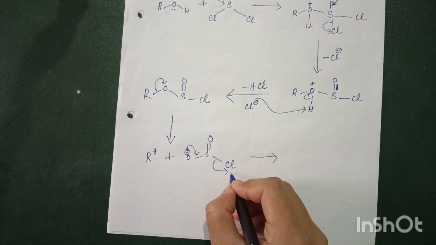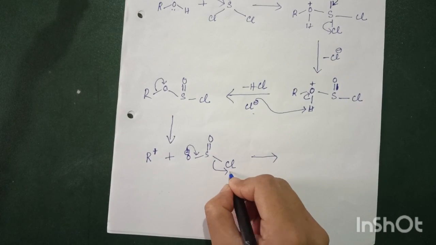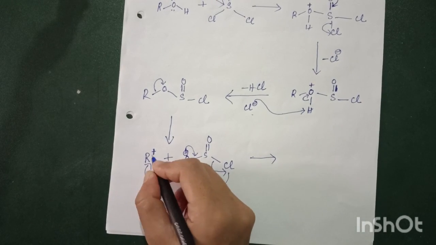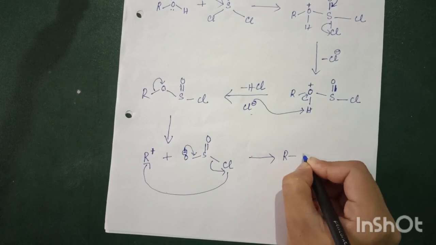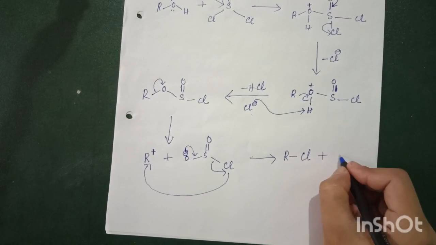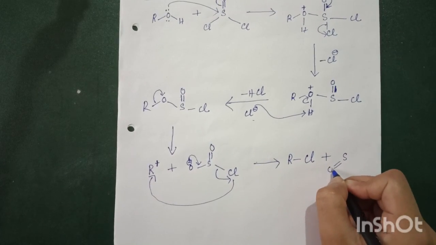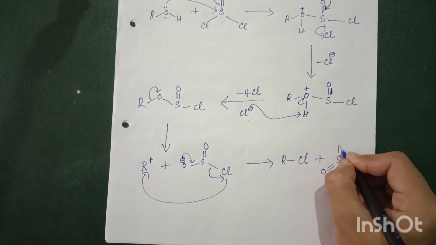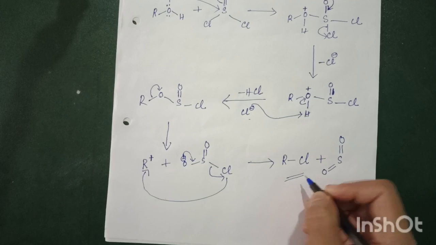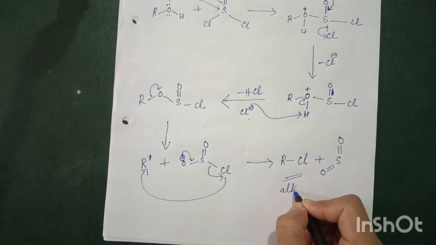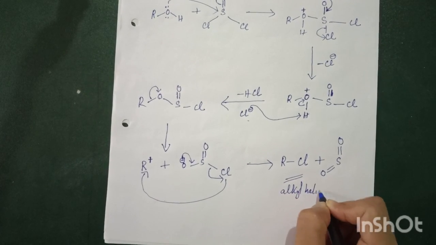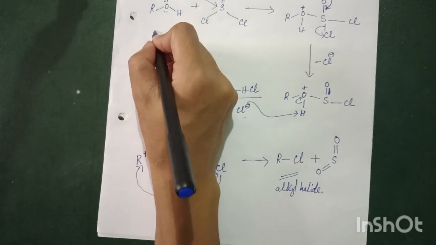Again this Cl minus will attack the R plus, so it becomes R bonded to Cl, and what remains, which was a single bond with negative charge, will now become O double bond O. So this is your product, this is your alkyl halide, and this is your alcohol.